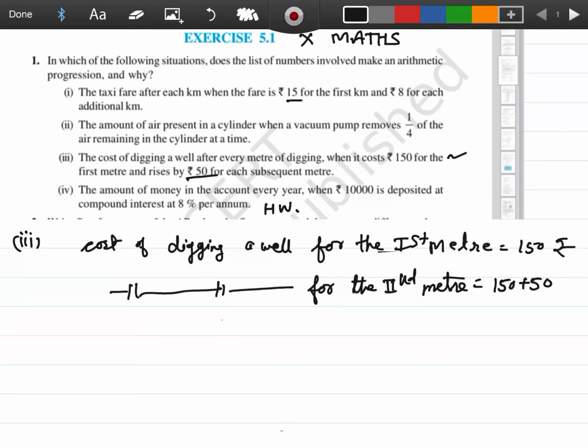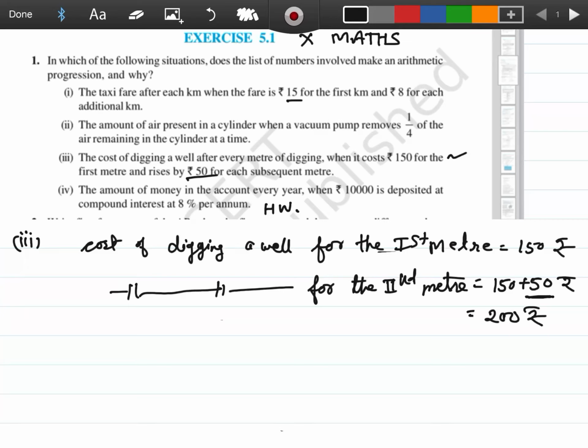क्या बोला जा रहा है कि आफ्टर एवरी सब्सिक्वेंट meter, the cost will be increased by ₹50. So first meter के लिए था 150, second meter के लिए इसमें ₹50 और ऐड हो जाएगा. So it will become ₹250. Sorry, it will become ₹200.